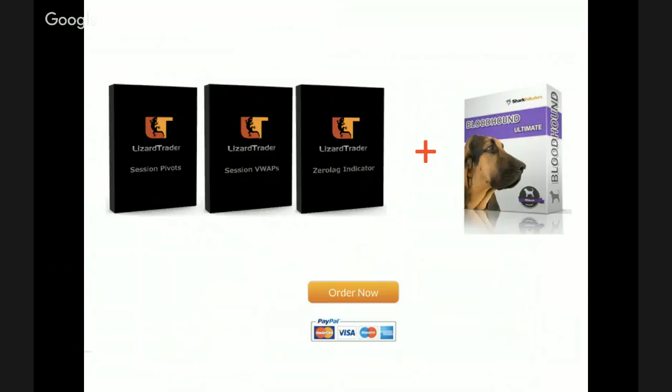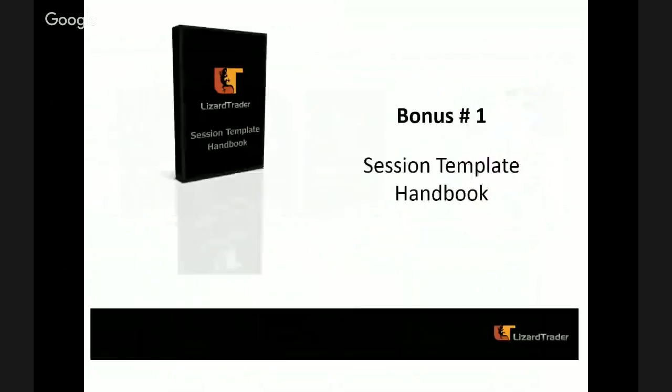The first bonus is the session template handbook, which is very useful when you're working with session indicators. It will show you how to isolate these regular sessions and night sessions and evening sessions where institutional traders are or are not active.